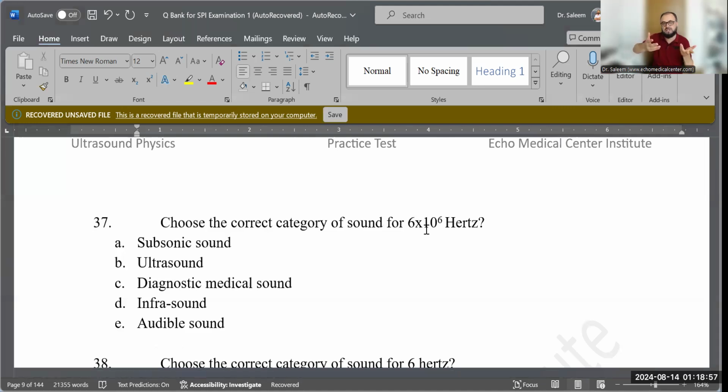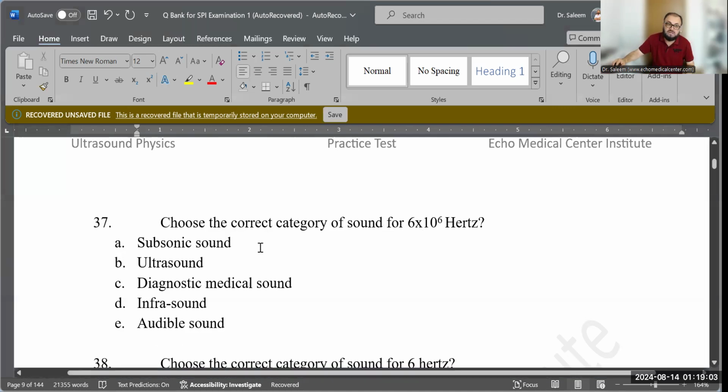So that will be 6 million. What do you think now? Is it subsonic sound, ultrasound, diagnostic medical ultrasound, infrasound, or audible sound? Which one are you going to choose?